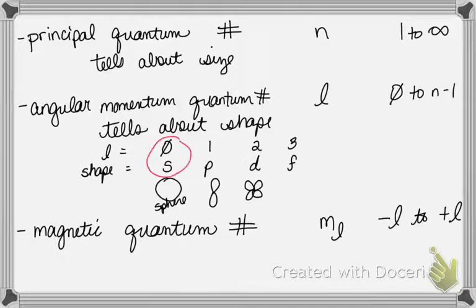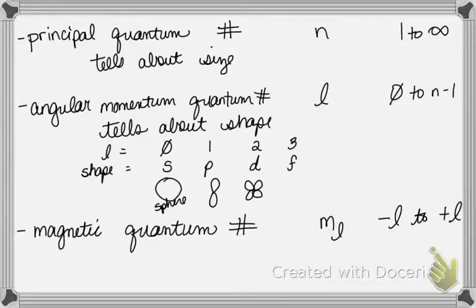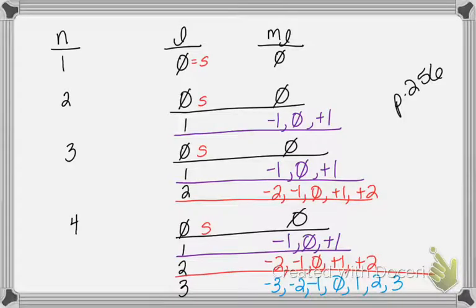Every time L is 0, that's an S. Every time L is 1, that's a P. 2 is D. And 3 is F, which I told you I wouldn't go into.